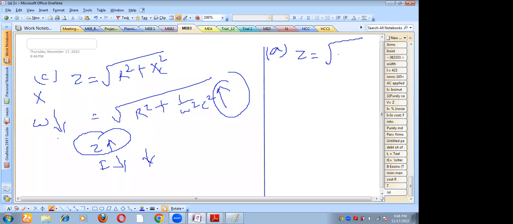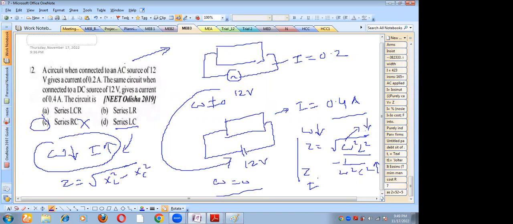Z is equal to R square plus XL minus XC square in case of series LCR circuit. So again, the term XL minus XC comes in LCR; in LC circuit also we get XL minus XC.